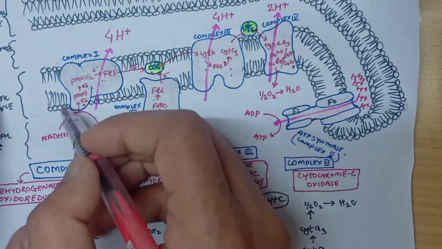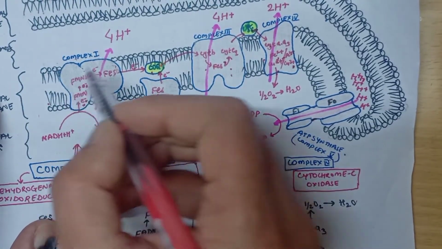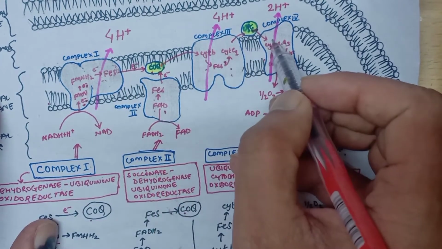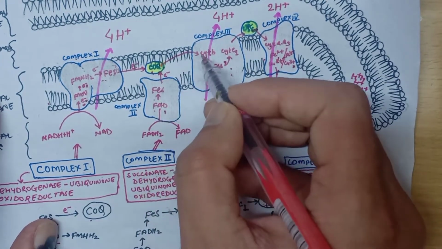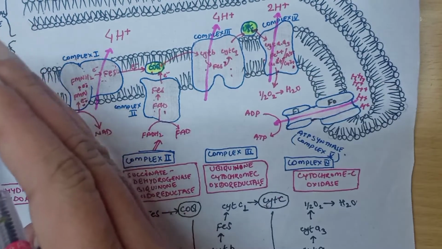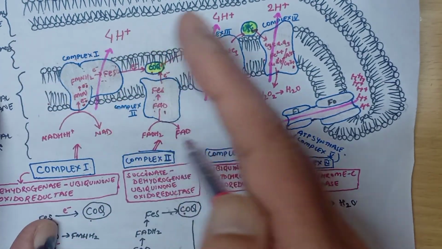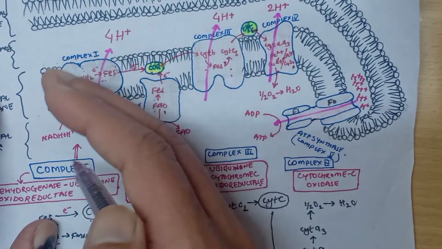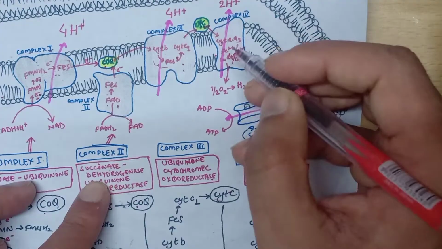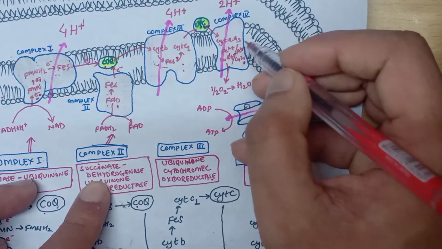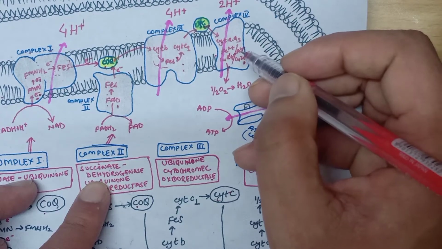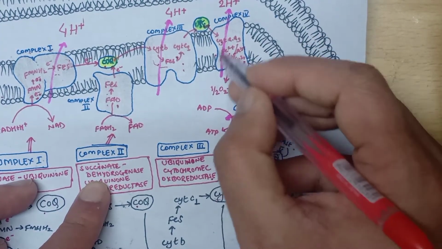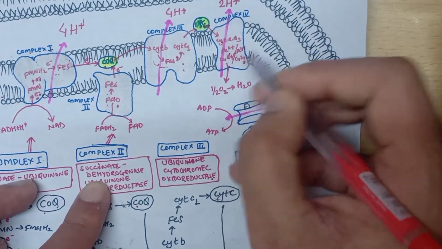So as the electrons get transferred from complex 1 to complex 3 to complex 4, and from complex 2 to complex 3 to complex 4, the electrons will get de-energized. That is, electron will lose its power. In order for electron transport chain to continue functioning, the de-energized electron must be removed.